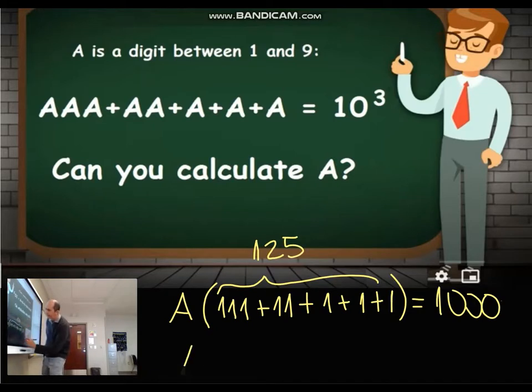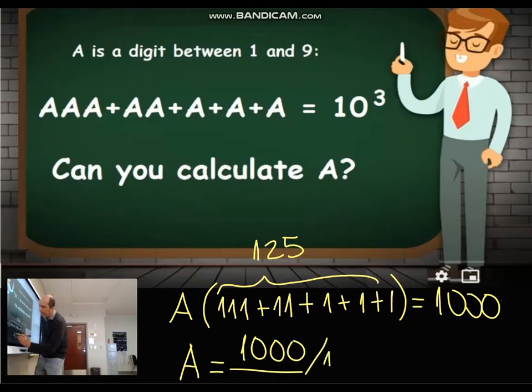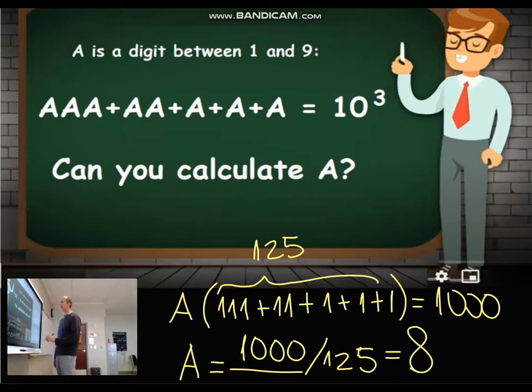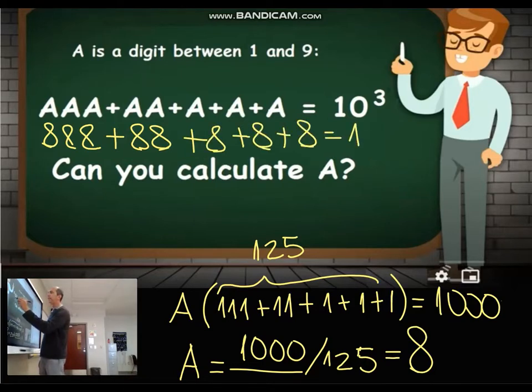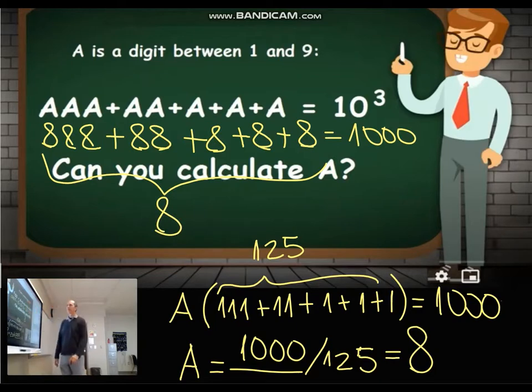That means A equals 1000 divided by 125. If you do the math, you're going to find A equals 8. So the answer here is going to be 888 plus 88 plus 8 plus 8 plus 8 equals 1000. And what's nice is this: you're going to have 8 numbers 8 to make 1000.